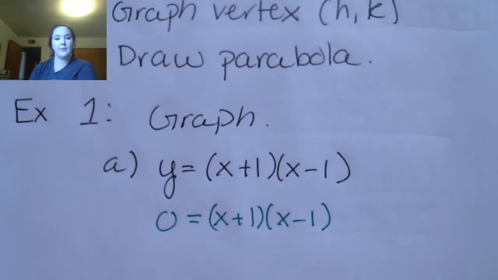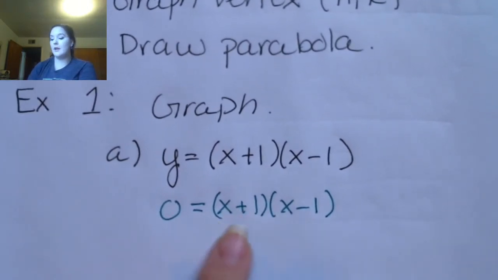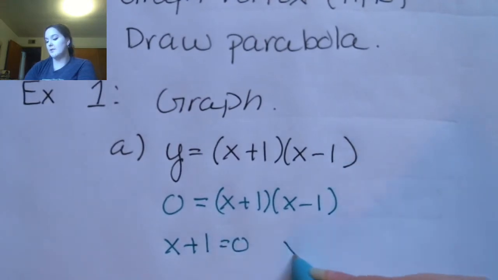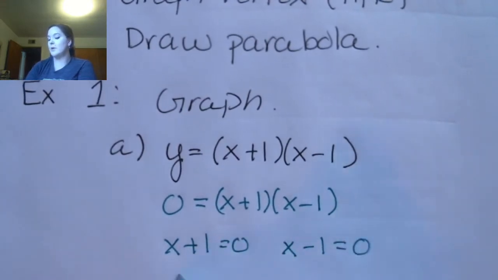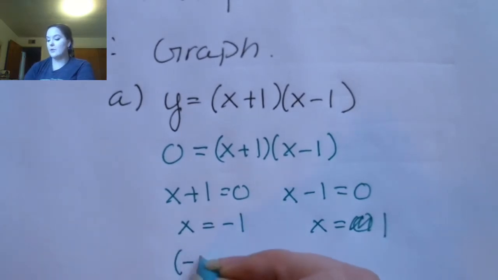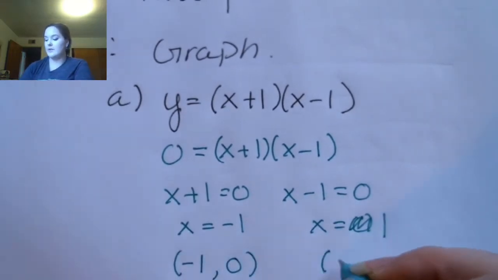And now we know that we can solve this by setting each factor equal to 0 and solving those equations. So we get two solutions, -1 and 0. Oh, I'm sorry, and +1. And each of those corresponds to an X intercept.